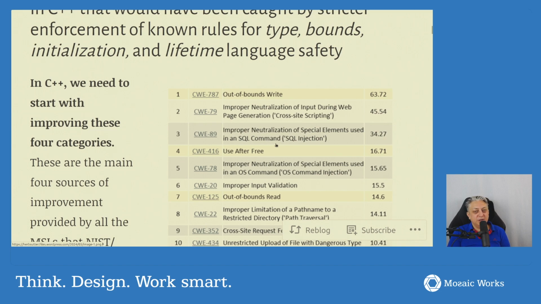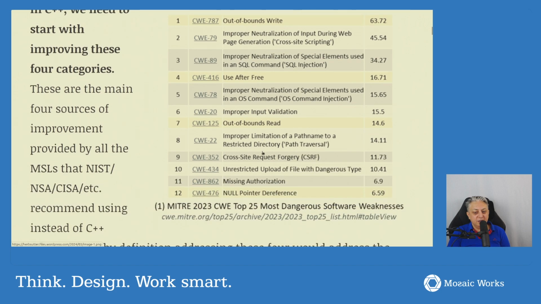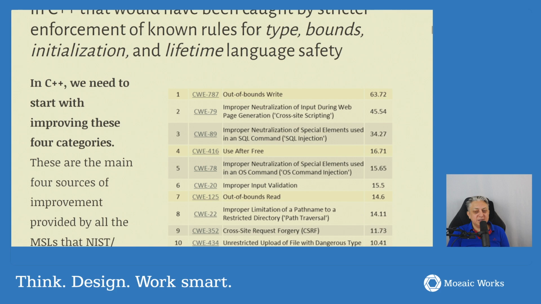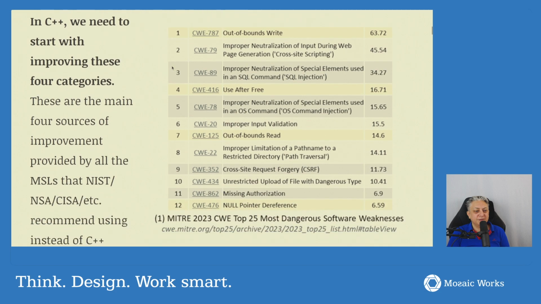But not only, right? It can be used for a bunch of different things. Null pointer dereference, right? You have a null pointer, you dereference, and the system blows up. And yeah, so basically what Sutter is saying is that you need type, bounds, initialization, and lifetime language safety.